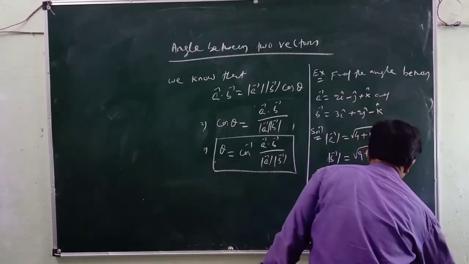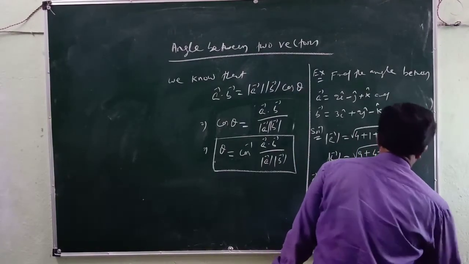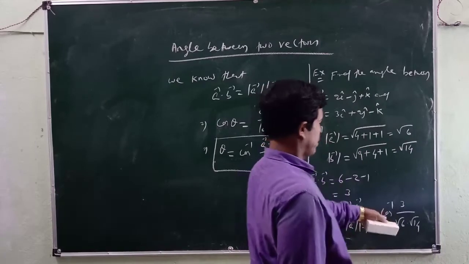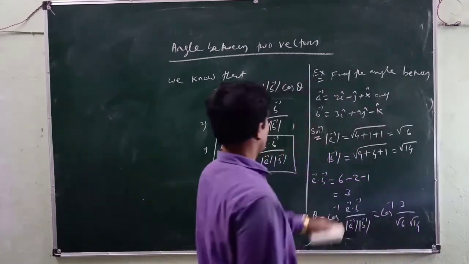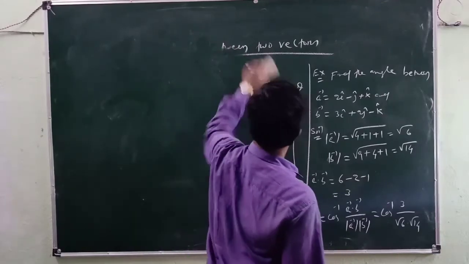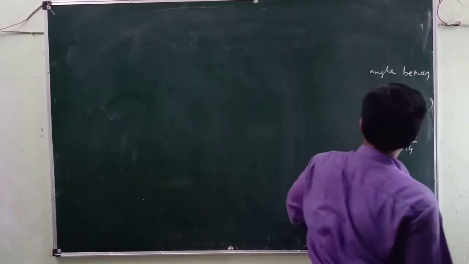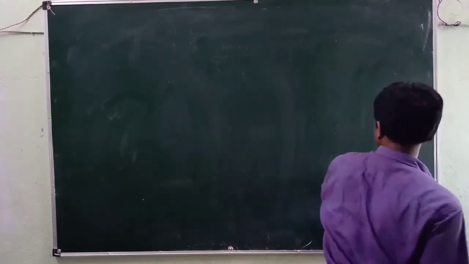Okay, so write root 6 into root 14, which will be the required answer. Similarly, you find the angle between any two given vectors.